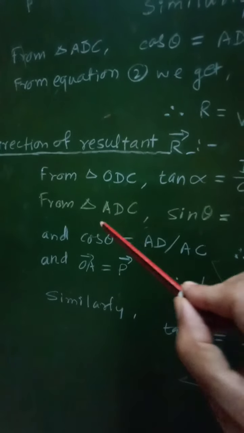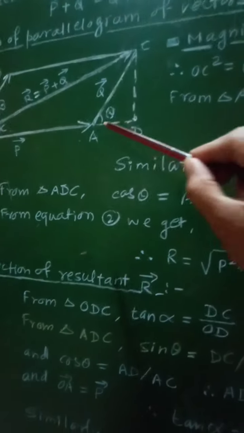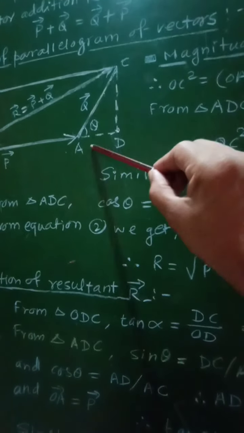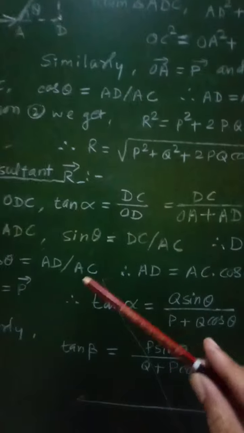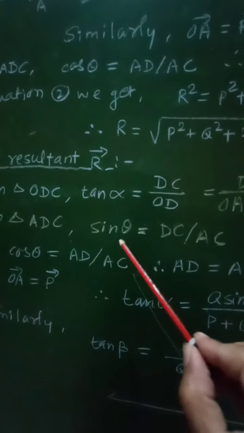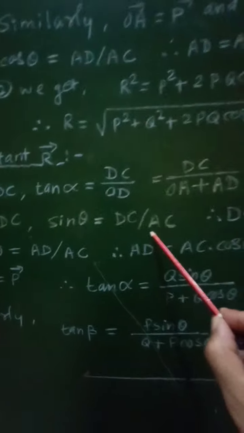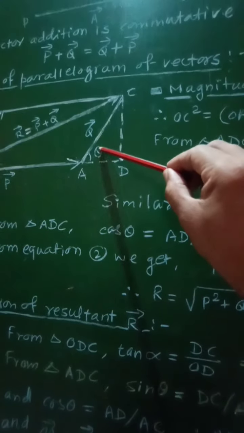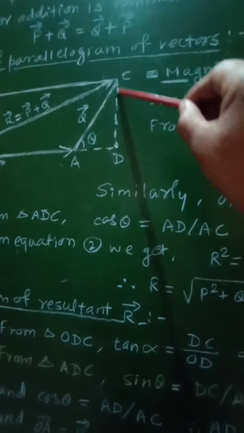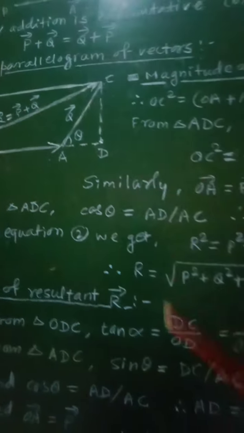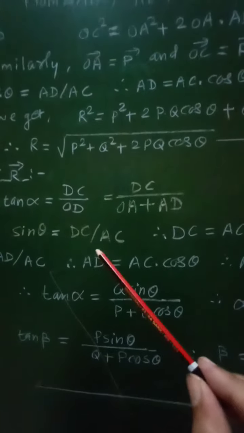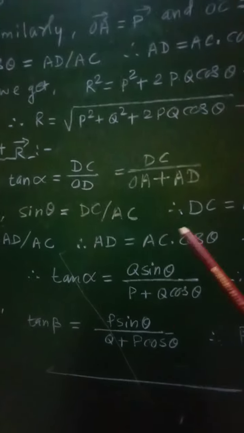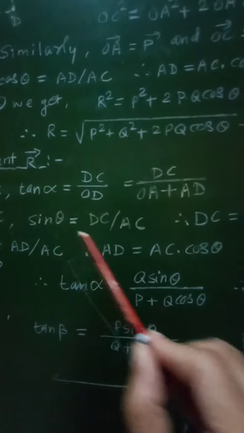Similarly, from triangle ADC, which is again a right angle triangle, what is sin theta and cos theta? Sin theta will be equal to DC upon AC, and therefore DC will be equal to AC sin theta.